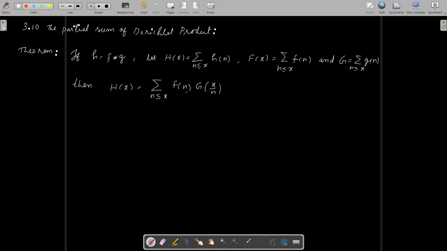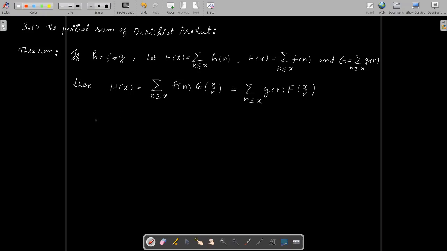In fact, this is the convolution of F and G. And this is also equal to sigma n less than or equal to x, G of n, capital F of x by n, the convolution of G and capital F. So the left side is the partial sum of the divisible product of two arithmetical functions. Then you get that as the convolution of F and the partial sum of the other. We will prove this theorem using the associative property of convolution and star.